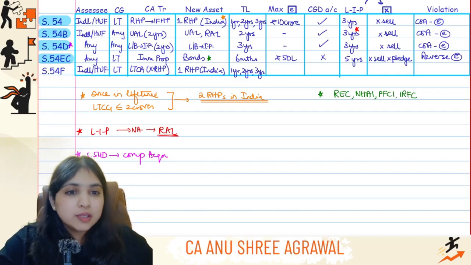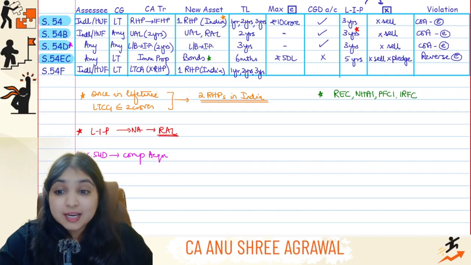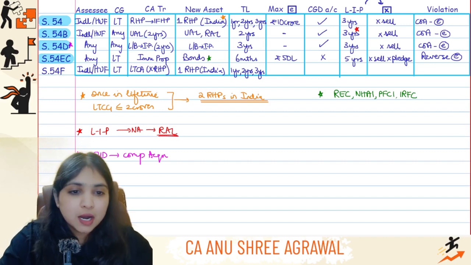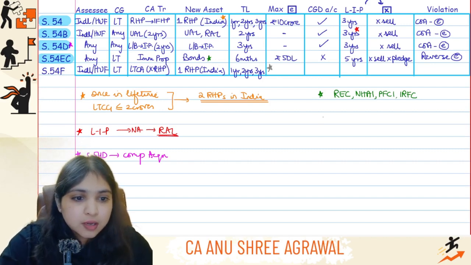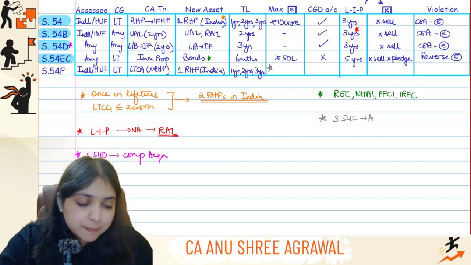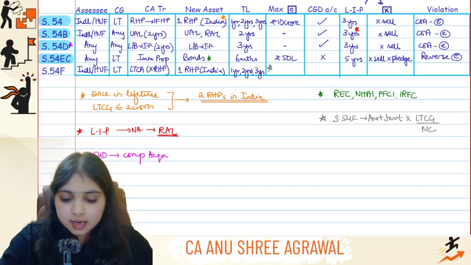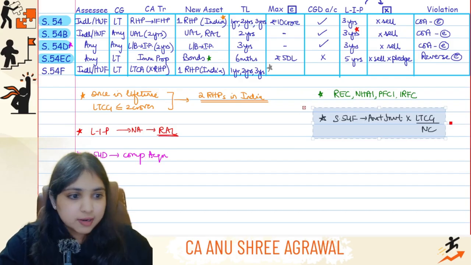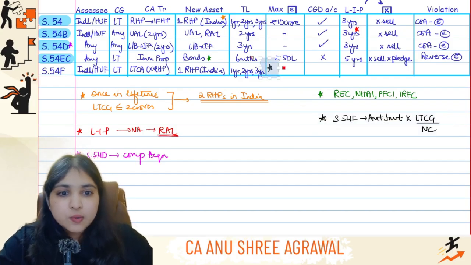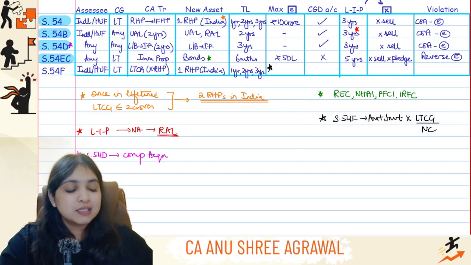Now coming to the next point, maximum exemption. This is unique. 54F, F for formula. We have a formula over here, and the formula for section 54F exemption is amount invested in the new asset into LTCG by net consideration. Right, guys? Are you understanding? Are you listening? So under section 54F, how much maximum exemption you get?